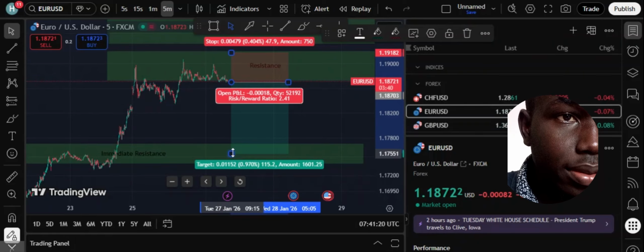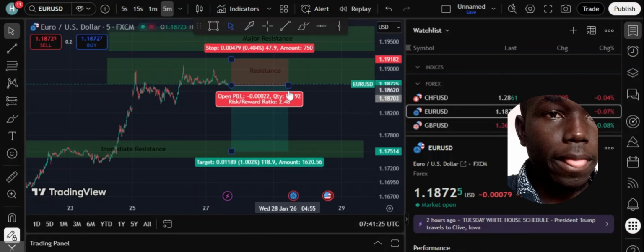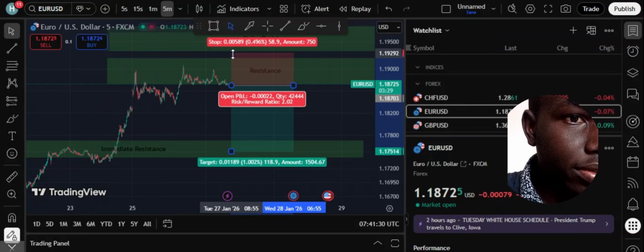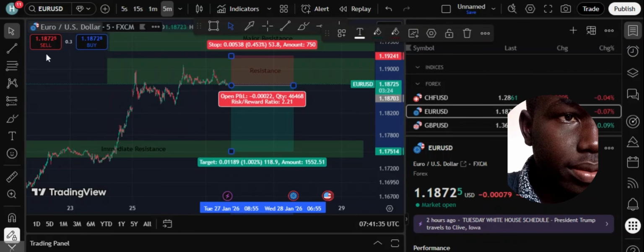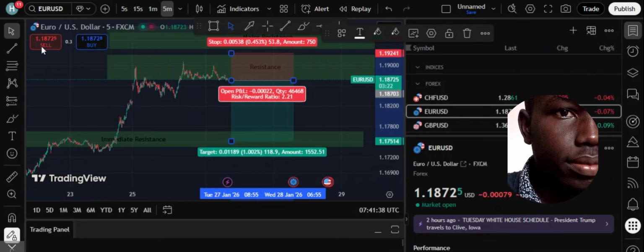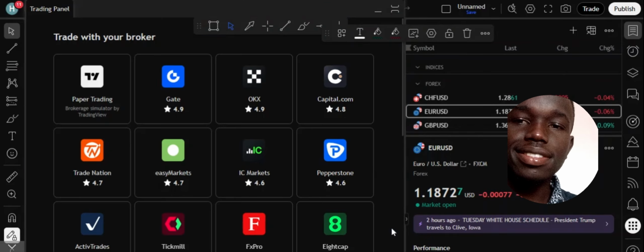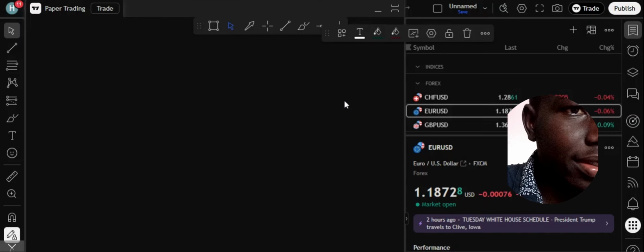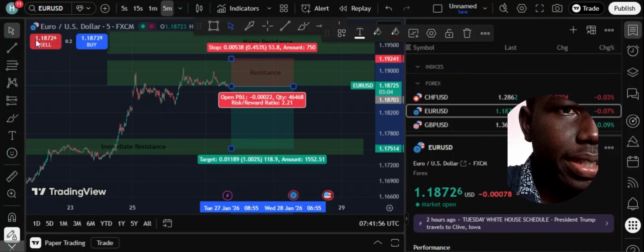Then we want to put our stop loss around here. Let's see how that plays out, and place a trade. We'll go for a sell. Let's go with a market limit.